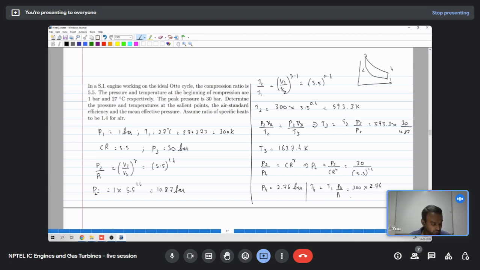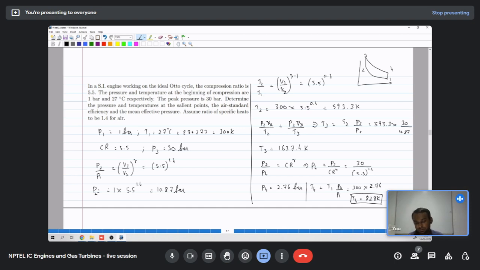So we have T4 as 828 Kelvin. This way we have found the pressure and temperature at all the points.